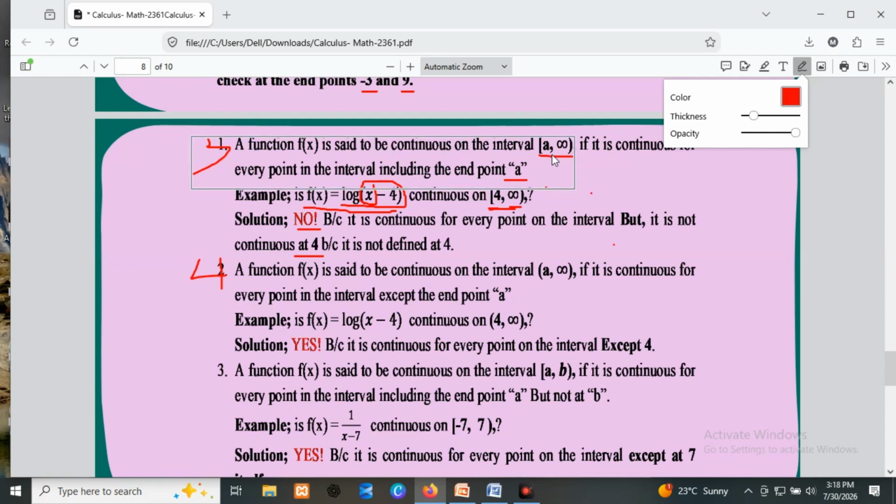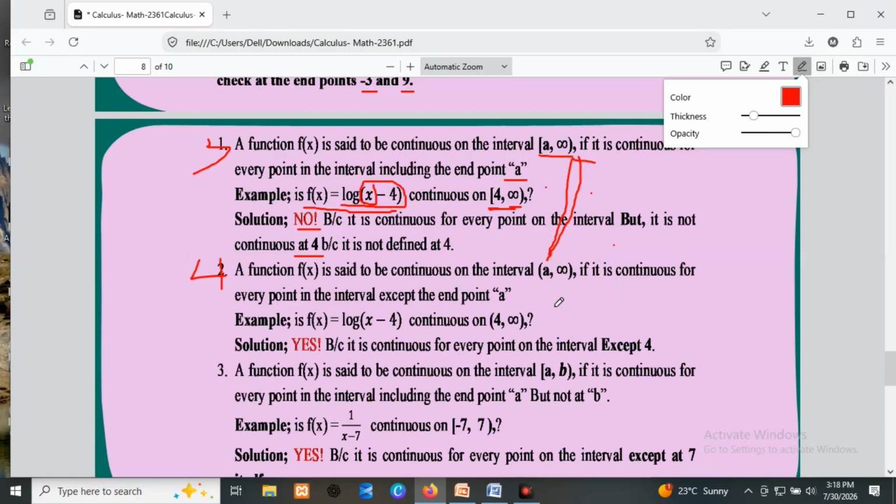They are sensitive. I think it is clear what I want to explain here. This interval includes a, which is a closed interval, but this one is an open interval. The difference is that for the closed one we check including a, but here it is excluded.